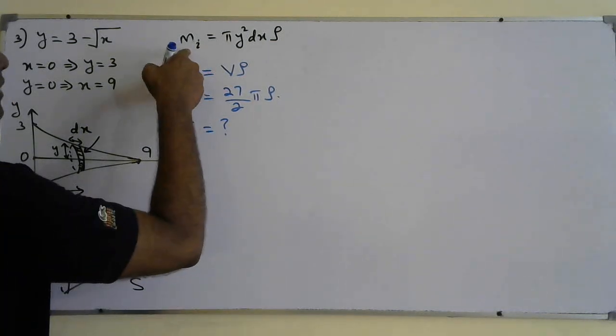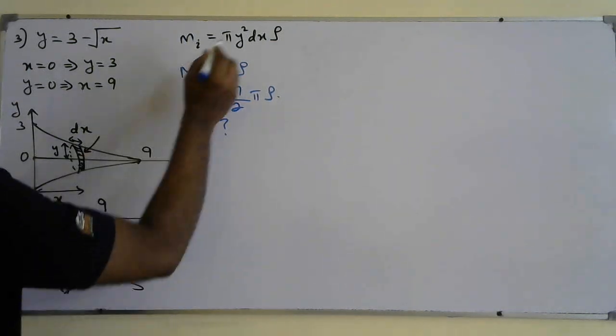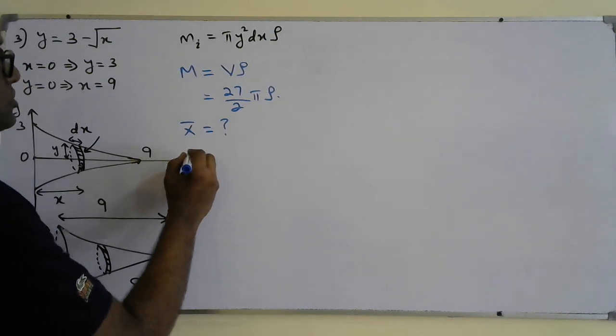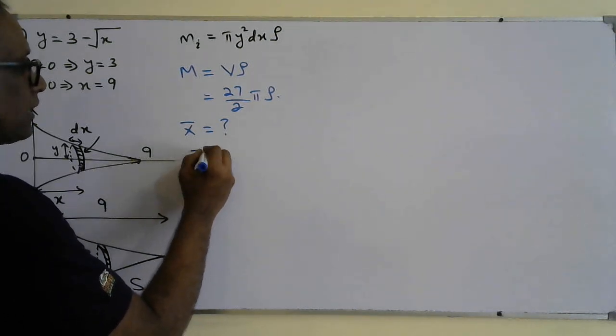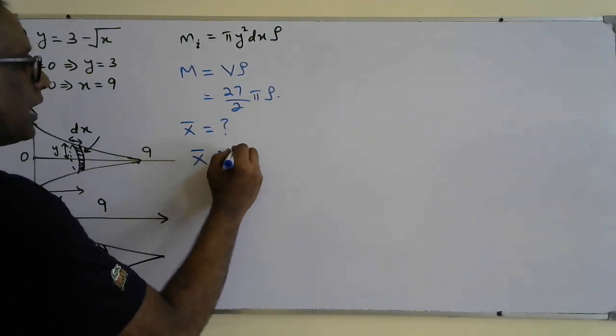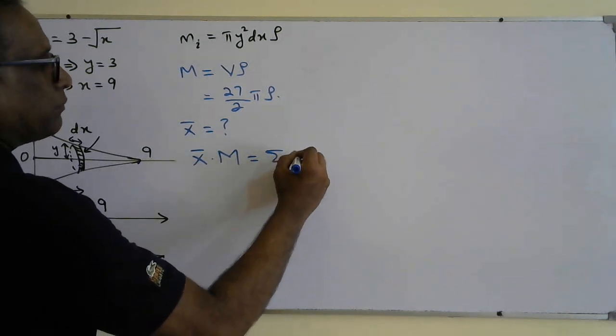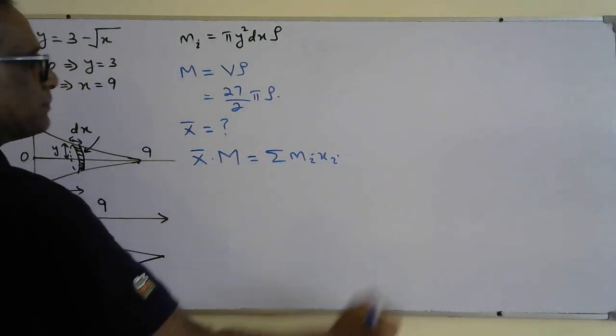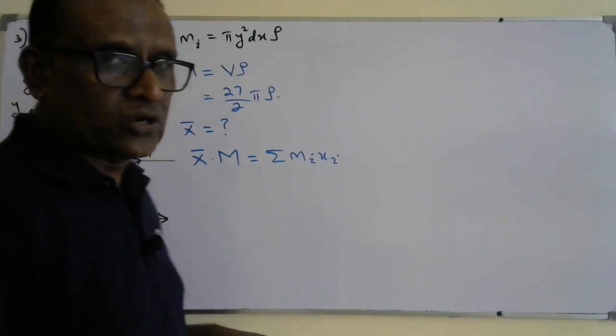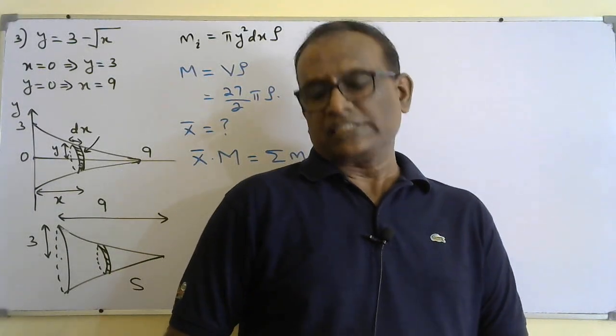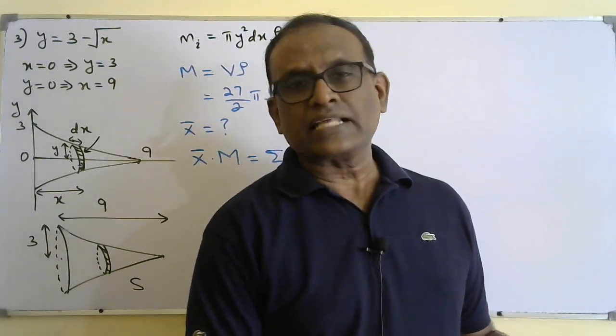But this particular disk has its center of mass at a distance x. So x bar into the total mass of the system is equal to sigma mi xi. That's the basic principle. I used it in the first question also. Everywhere when you get a question related to center of mass, this is the approach.